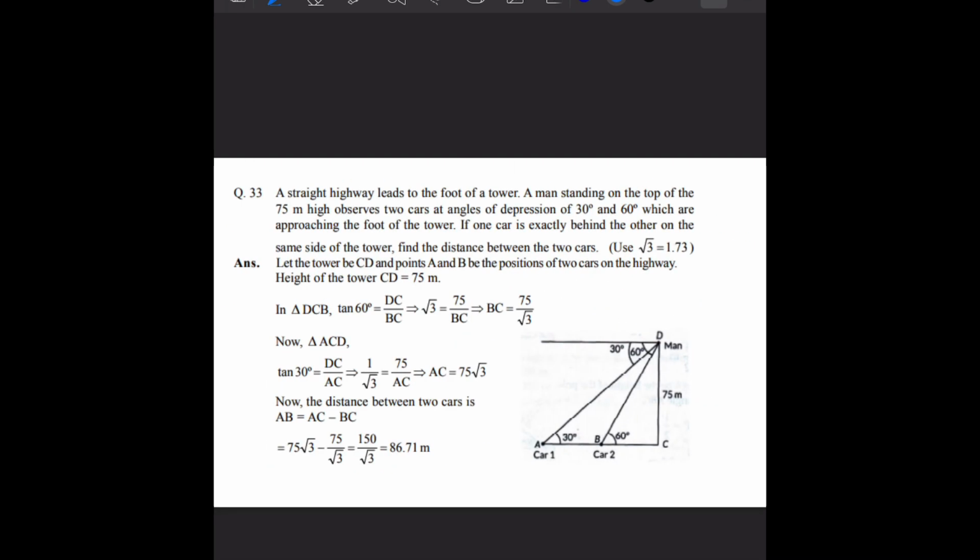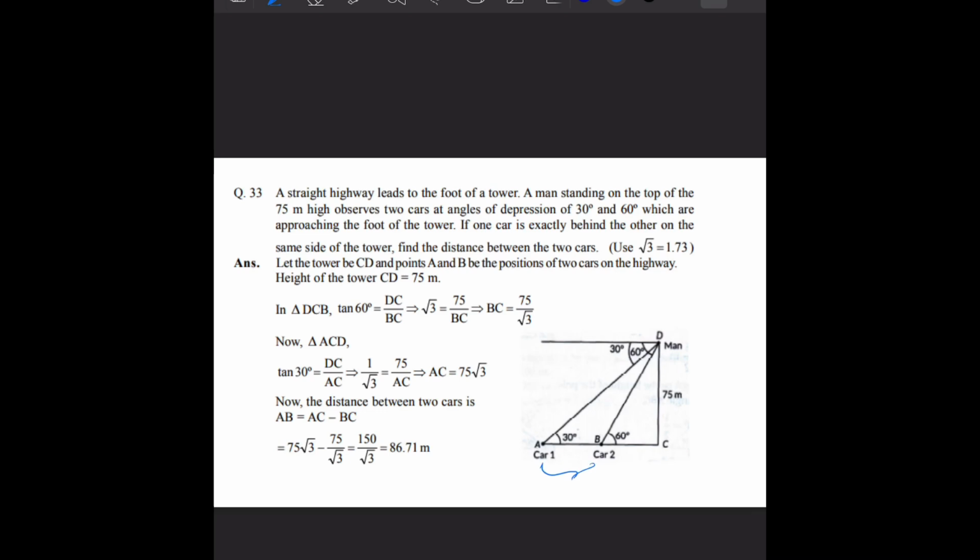Question number 33. A straight highway leads to the foot of the tower. A man standing on the top of the 75-meter high tower observes two cars at angles of depression 30 degree and 60 degree, which are approaching the foot of the tower. If one car is exactly behind the other on the same side of the tower, find the distance between the two cars.